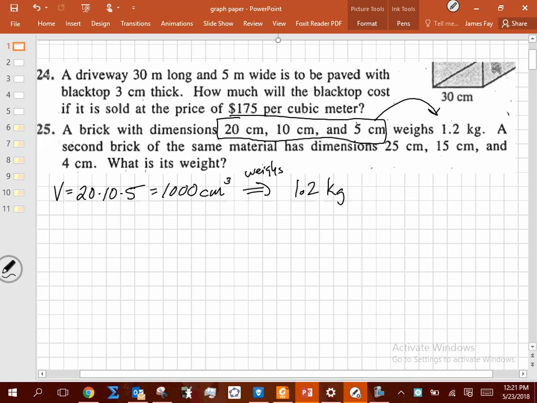So if I have 2,000 cubic centimeters, it's 2.4 kilograms. If I have 3,000, it's going to be 3.6 kilograms, right? So there's my conversion rate. We had to do a little bit of work to develop it, but for now we know for every 1,000 cubic centimeters, we have 1.2 kilograms of weight. Okay? Is that all right with everybody?